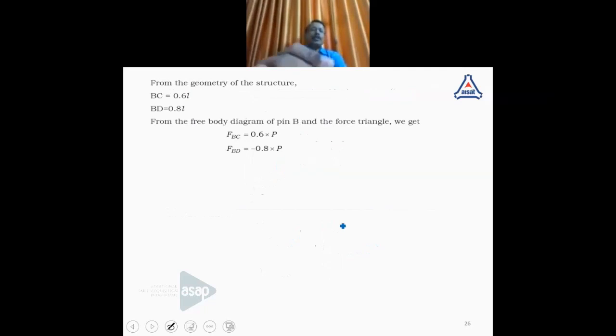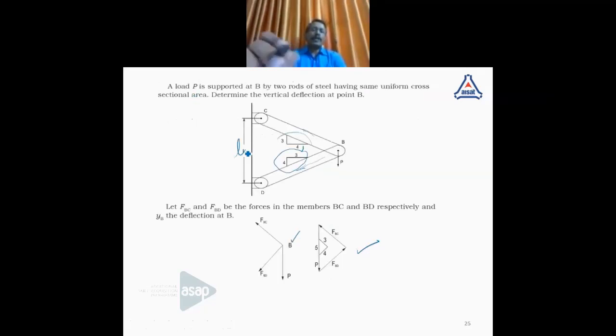Using the geometry of the structure, we can write BC equal to 0.6L and BD equal to 0.8L, where L is the dimension.